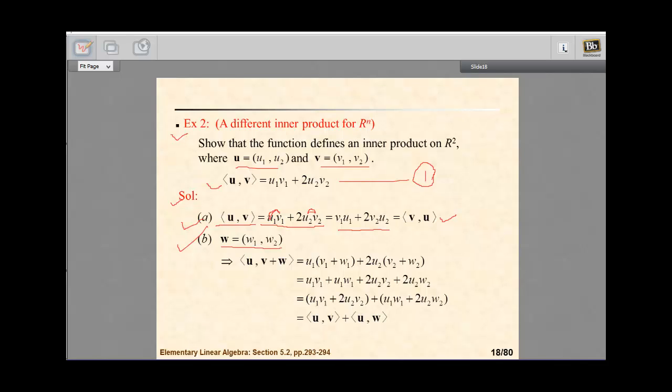Now going to property number 2. We assume that there is a W equal to W1, W2.